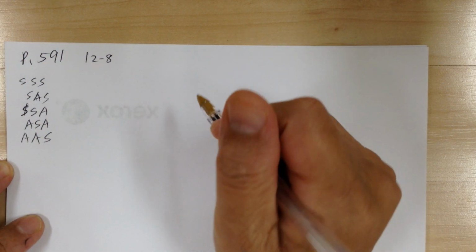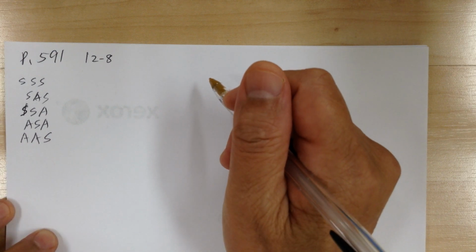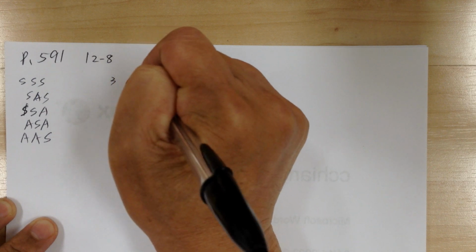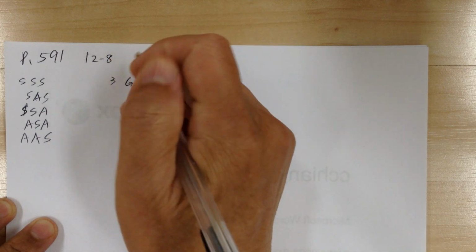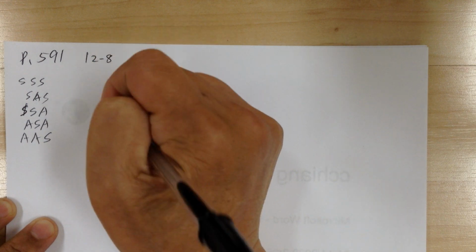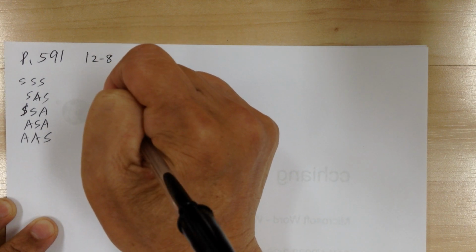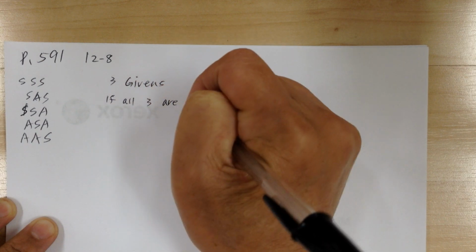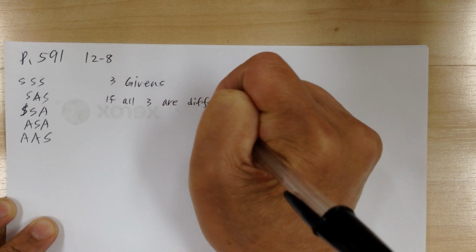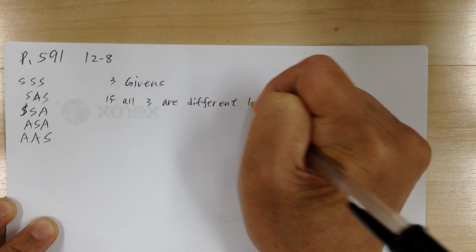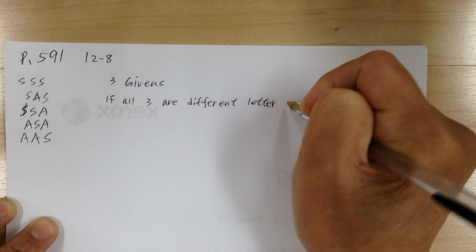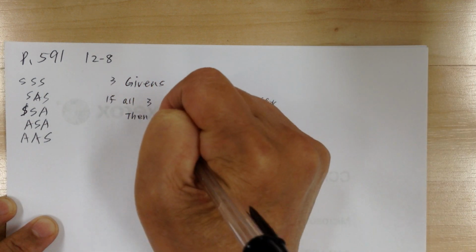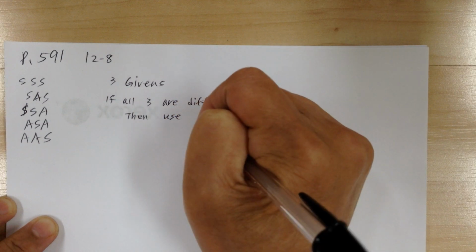So what happens is whenever you're solving for a triangle, you will have three givens. If all three are different letters, then you want to use the law of cosine.